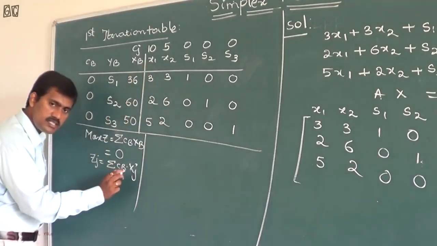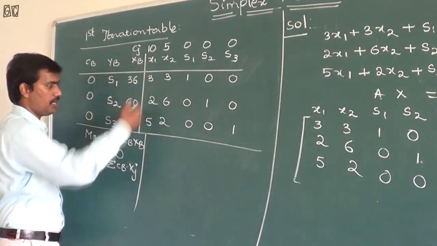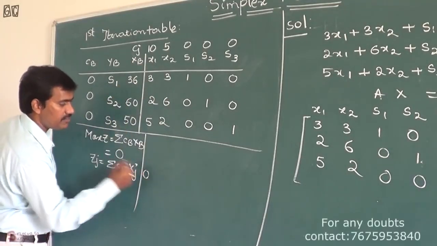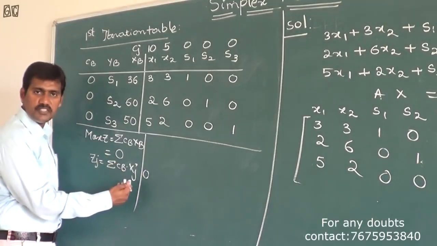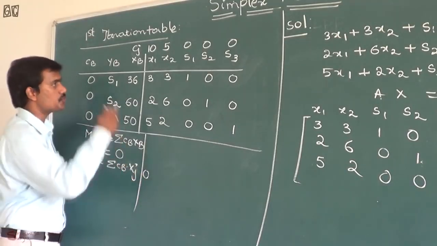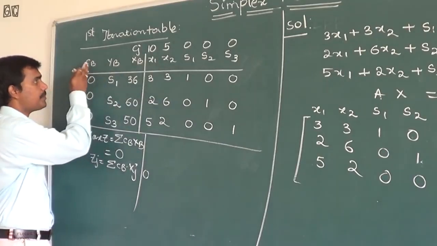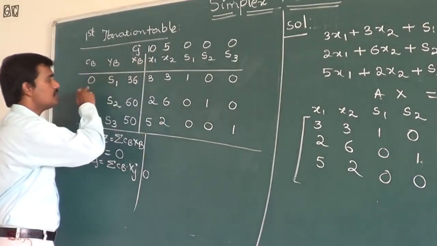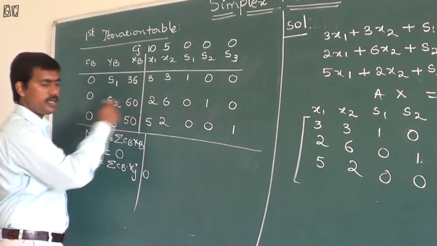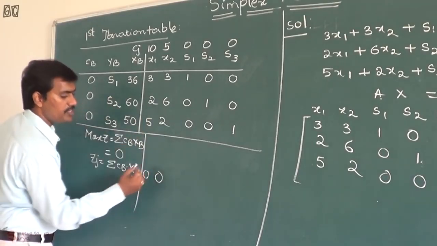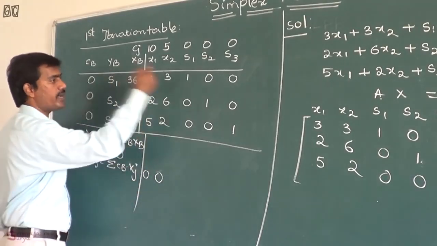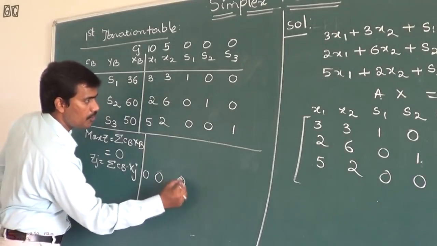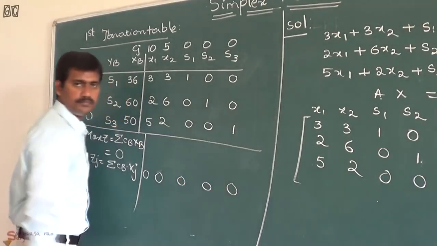I multiply CB into x1 first, and the value is 0. In the same way, if I put j equal to 2, that is CB into x2, I multiply the CB values with x2. That is 0 into 3, 0 into 6 plus 0 into 2, obviously 0. When we multiply with 0, the values will be 0. So again the pattern continues: 0, 0 and 0.